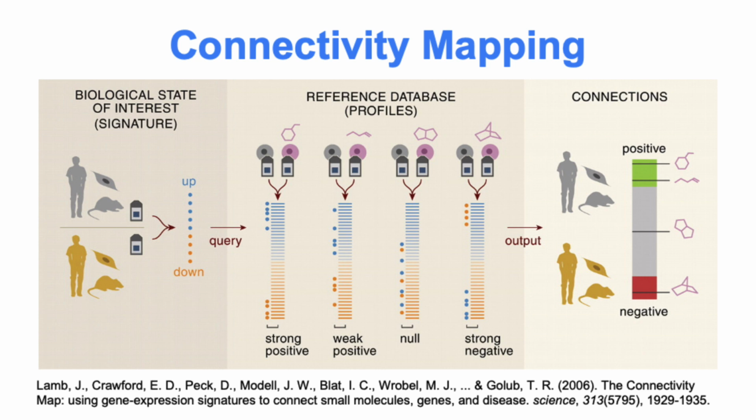The concept of LINCS started with this, I guess, revolutionary seminal paper that came out from the Broad Institute, headed by Todd Golub, and the first author was Justin Lamb. And I'm sure many of you have heard about this concept of connectivity mapping. The idea is to build a database where you have collected a massive amount of gene expression signatures for single drugs and other genetic or chemical perturbations.